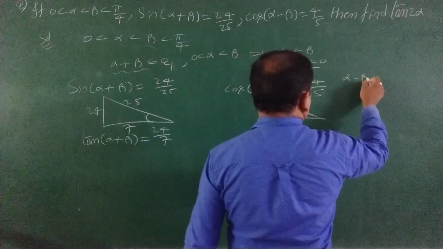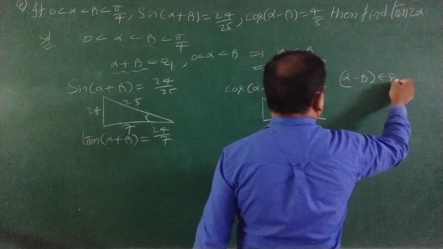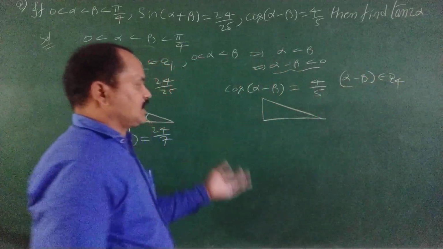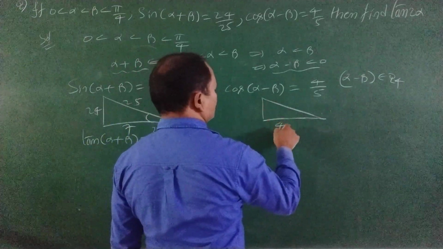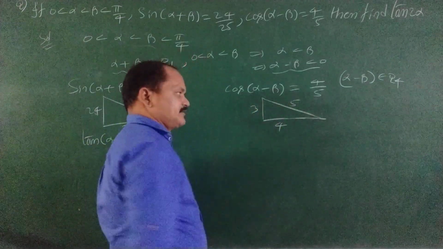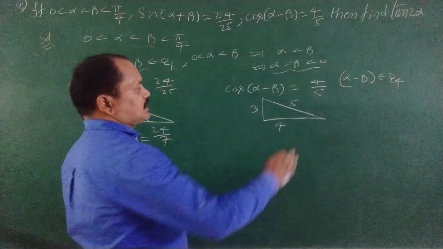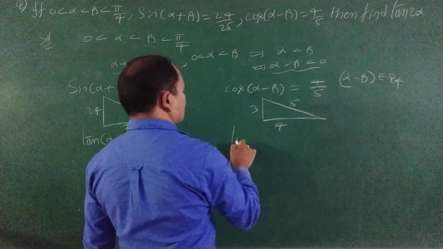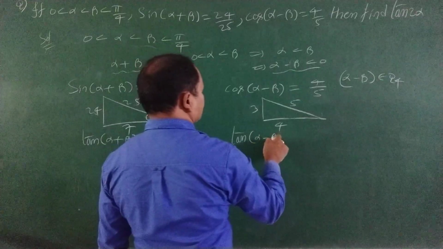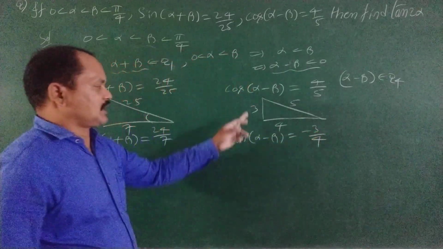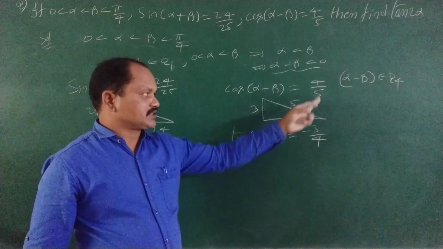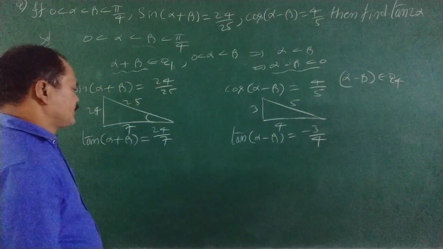Here it is 4, 5, and this is 3. Then in Q4, tan(alpha - beta) is equal to minus 3/4. Actually it is 3/4, but since it is in Q4, it is negative.